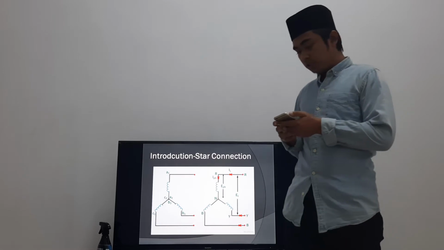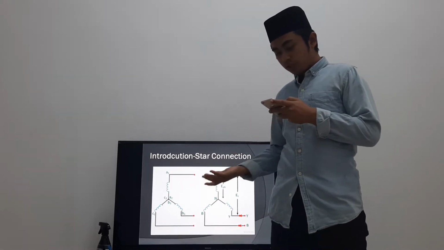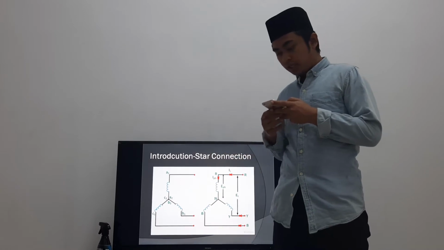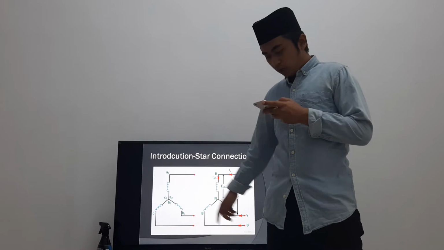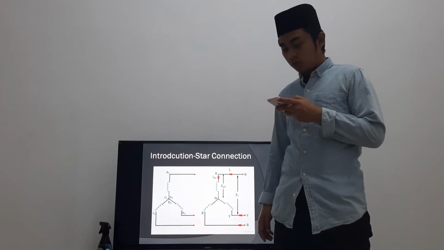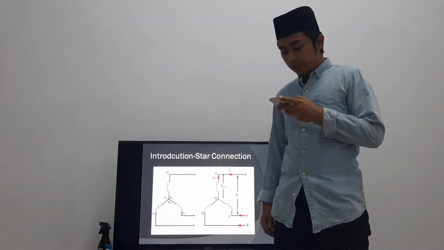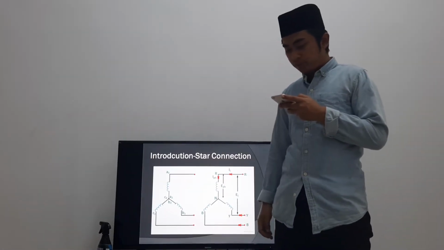So what is star connection actually? In the star connection, the similar ends, either start or finish, of the three windings are connected to a common point called the star or neutral point. The three line conductors run from the remaining three free terminals.